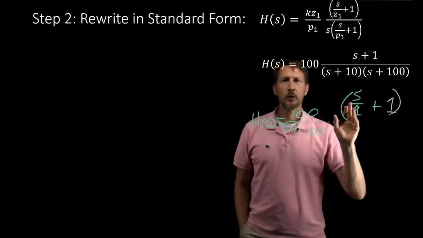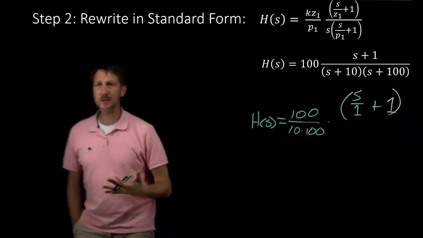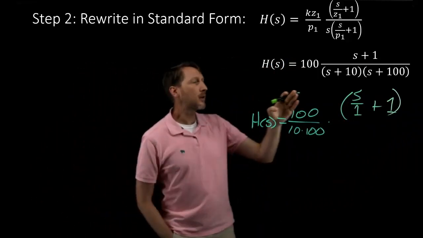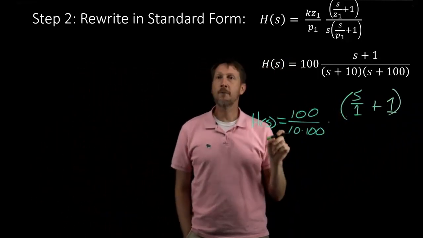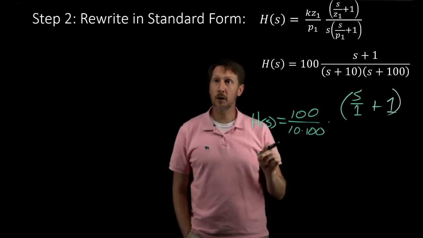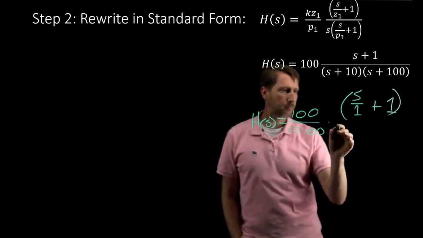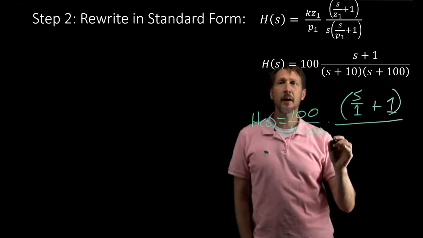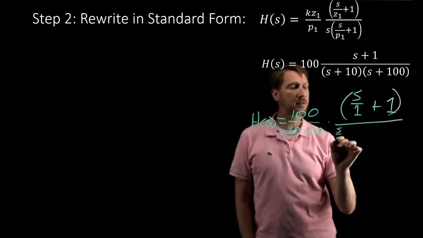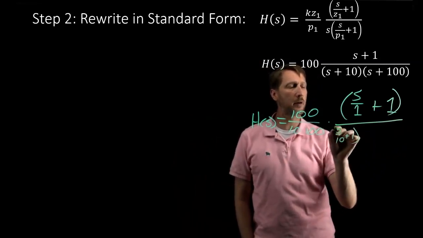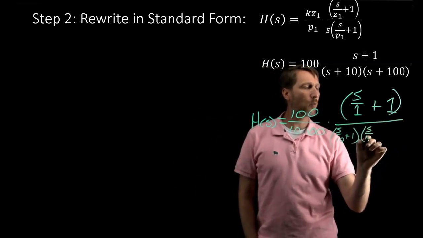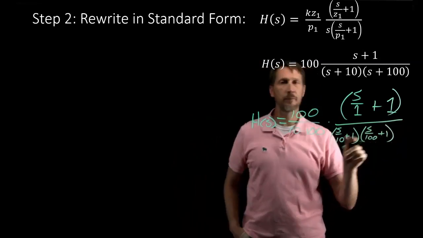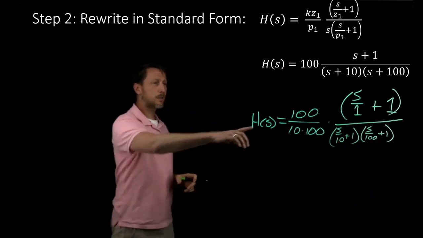Doing it in this way will really emphasize where the omega naught value is for this zero that's in the numerator. Divided by, in the denominator, s divided by 10 plus 1 and s divided by 100 plus 1.